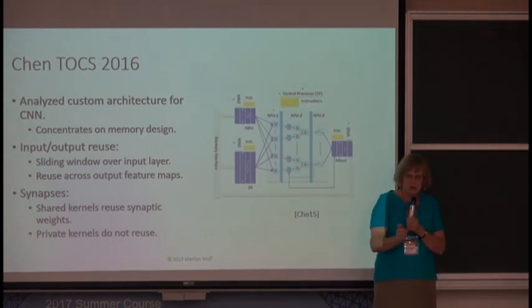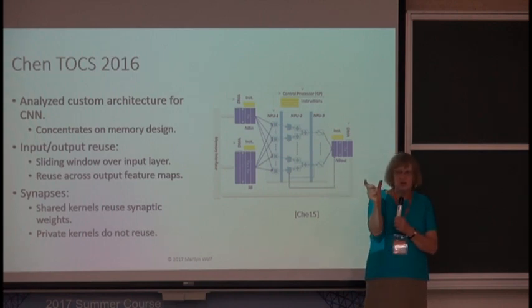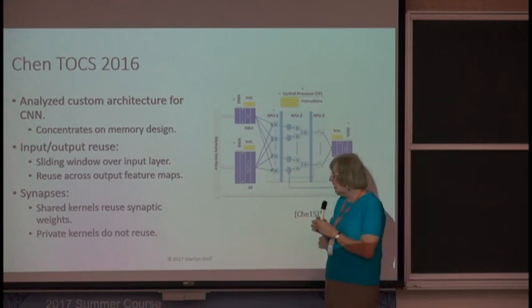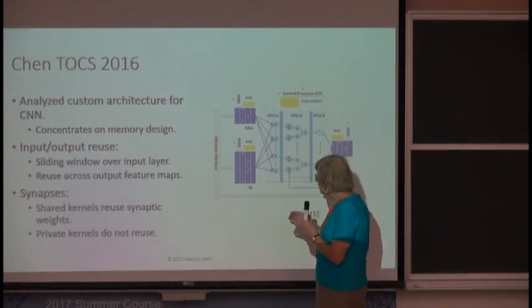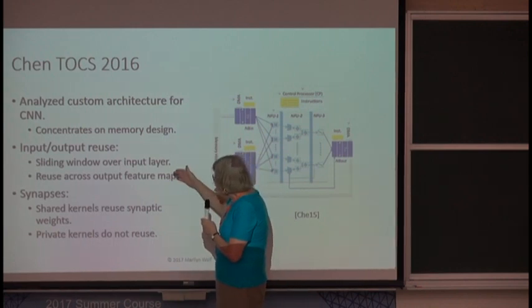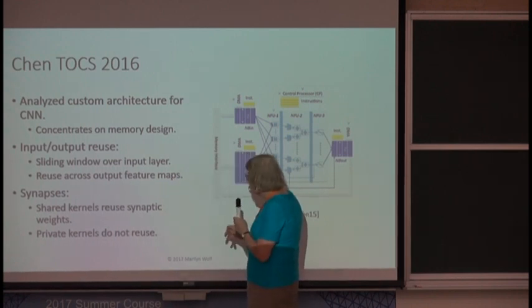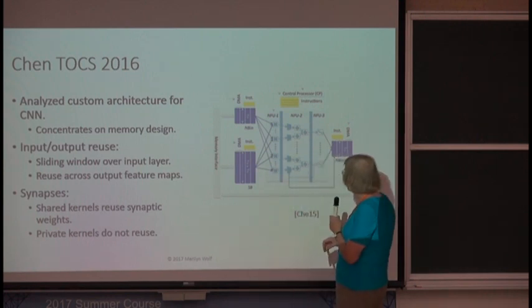You want to put things in memory in the right way so that you can efficiently move that window and avoid multiple fetches. And you want to be able to store the outputs in a way that you can use them as the inputs for the next operation as well.